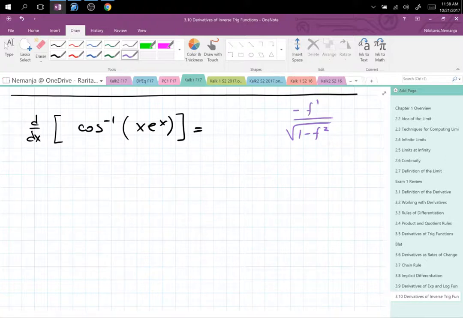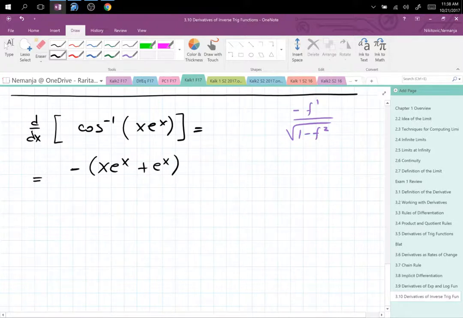So the derivative is, what do I have to do? Product rule. So we have to do the product rule. We copy the first, derivative of the second, plus copy the second, derivative of the first, which is 1, divided by the square root of 1 minus, and this squared is x squared e to the 2x.